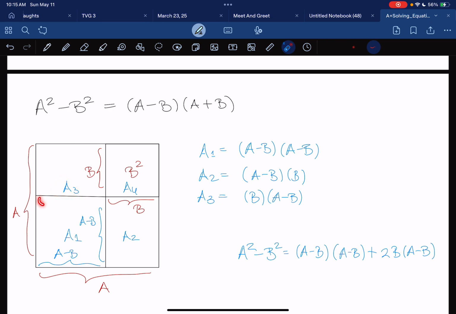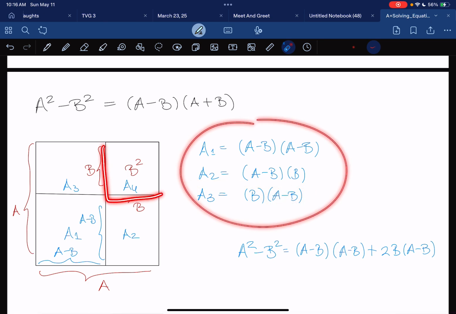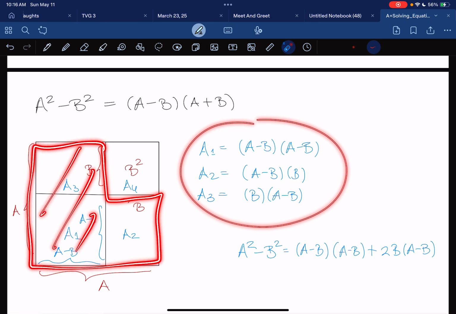Its base is a minus b, the same as the base below, and its height is b. So area 3 is b times a minus b. These three areas, their sum, constitute the shaded area that we want to look at.